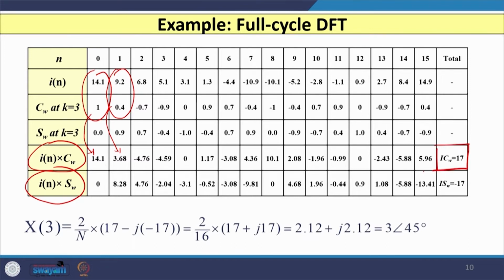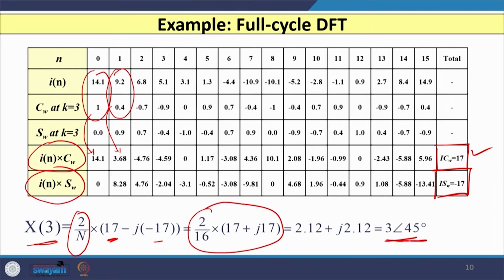So, you will have I_cw equal to 17 and I_sw equal to minus 17. So, X_3, the phasor value of the third harmonic, is capital C, 2 by N, into 17, that is your I_cw, minus j times I_sw, which is minus 17. Finally, you will have the equation 2 by 16 into (17 plus j 17), and finally you will have the value 3 angle 45 degree.